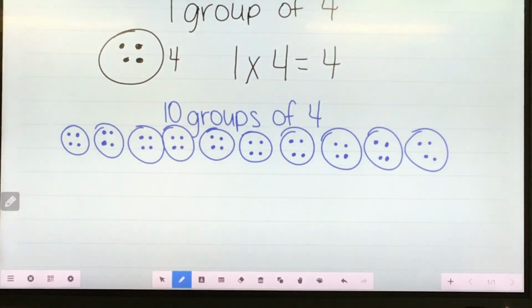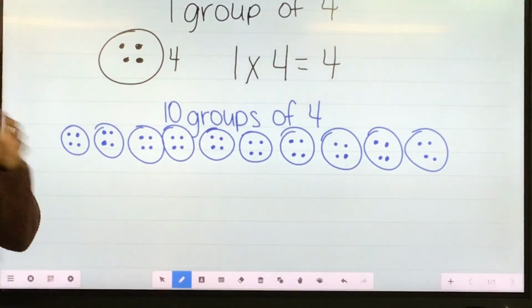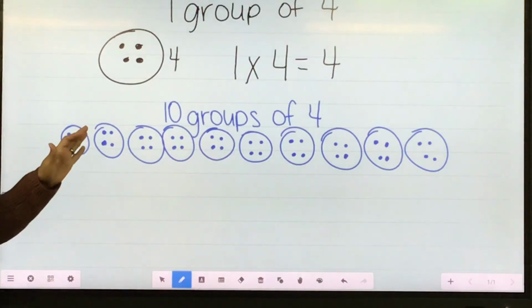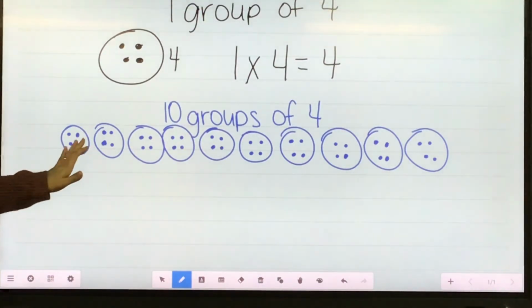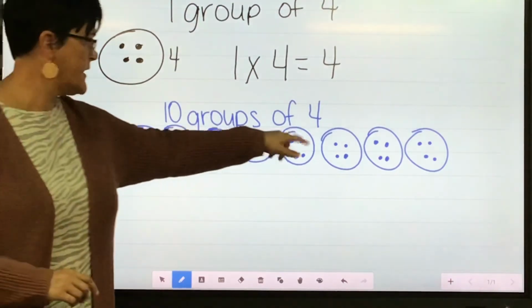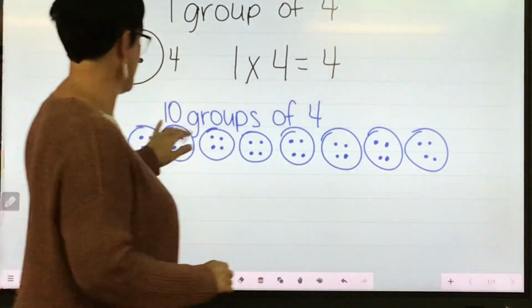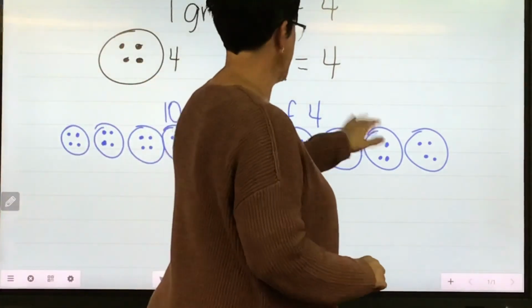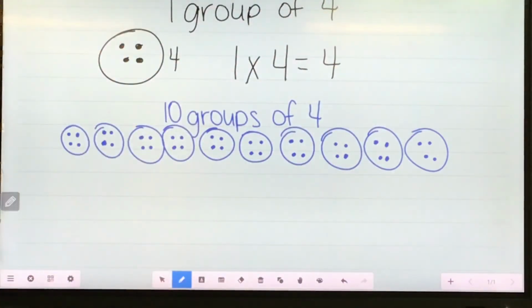Okay, eyes up on the board then. You have the tiles. I had to draw it. All right. So do I have 10 groups? Let's double check. 1, 2, 3, 4, 5, 6, 7, 8, 9, 10. Okay, I have the right amount.